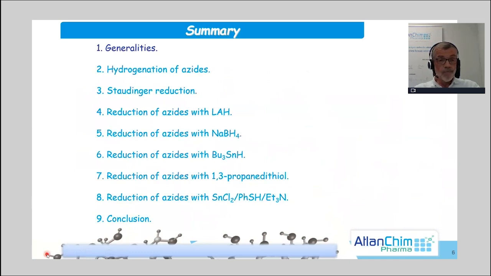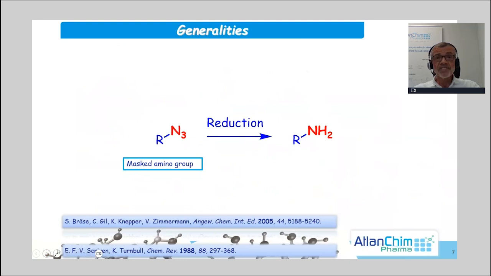So, amines are very important compounds in various research fields, including pharmaceuticals, dyes, agrochemicals, and so on. Azide reduction here is one of the simplest and most reliable methods for the preparation of amines.